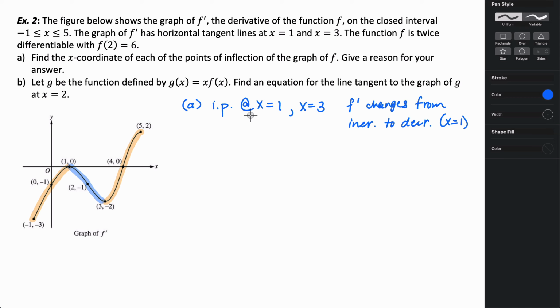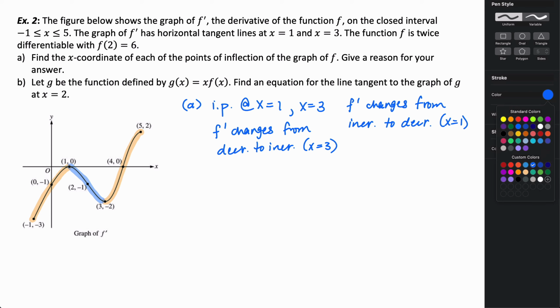And then at x equals 3, f prime changes from decreasing to increasing. Again, this is at x equals 3. And so if it changes from increasing to decreasing, it's changing from concave up to down, and then from down to up here. And remember, when we have changes in concavity is when we get inflection points.